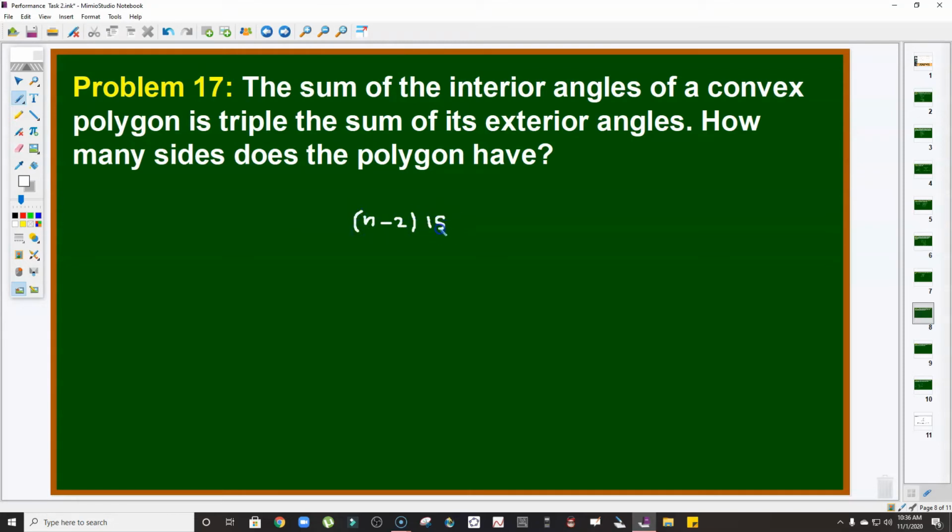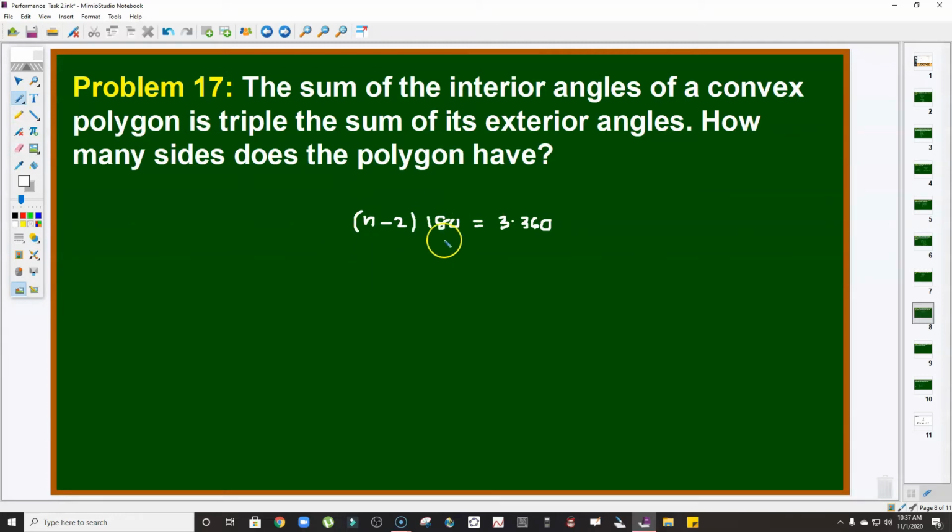However, that sum is thrice the sum of the exterior angles. And we know the sum of the exterior angles of a polygon is 360. This will be your working equation. So the question is, how many sides?